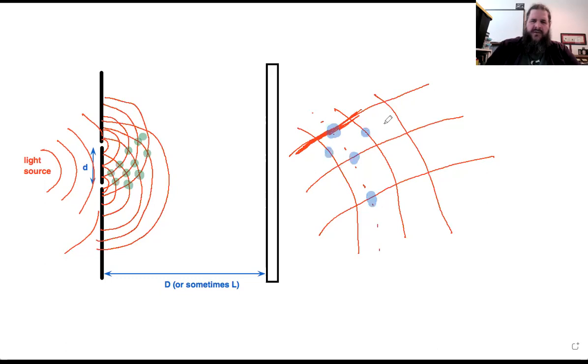So these spots would be destructive interference because those represent a crest from one wave and a trough from the other wave. And those are also going to form sort of a grid or line pattern as opposed to the constructive spots that we already talked about. Any questions on that?